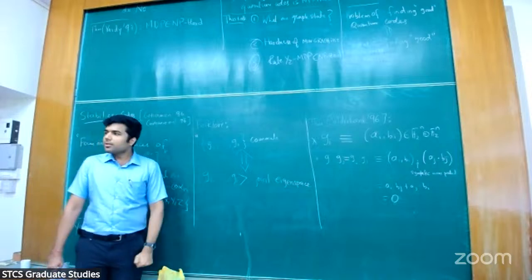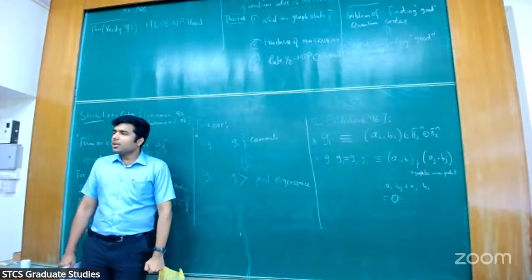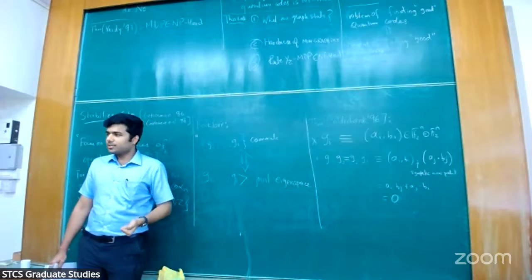So if they commute, what can we say about the joint eigenspace? A joint eigenspace exists.